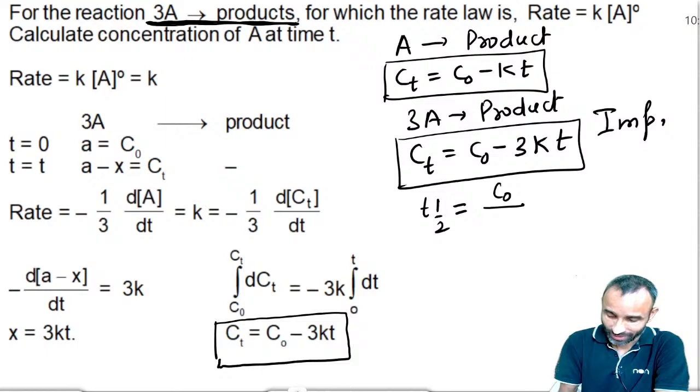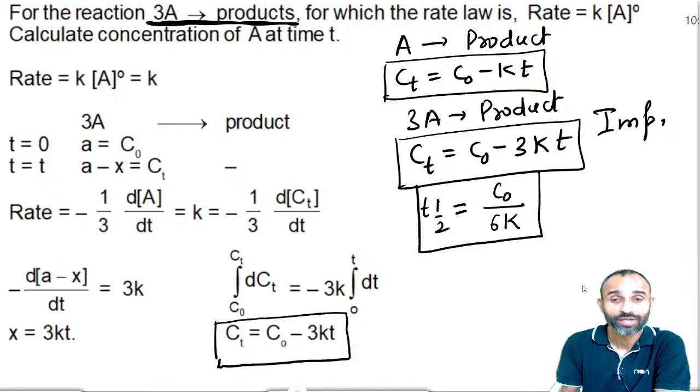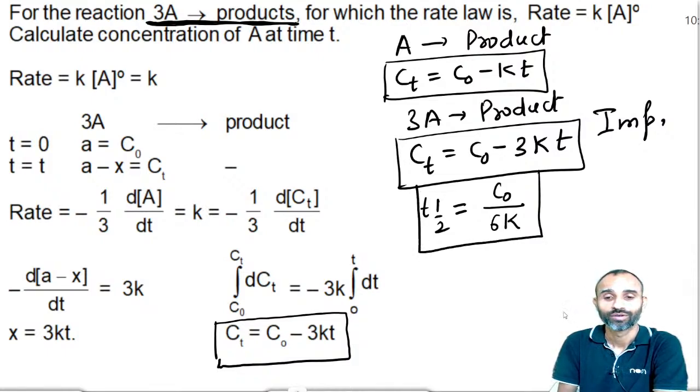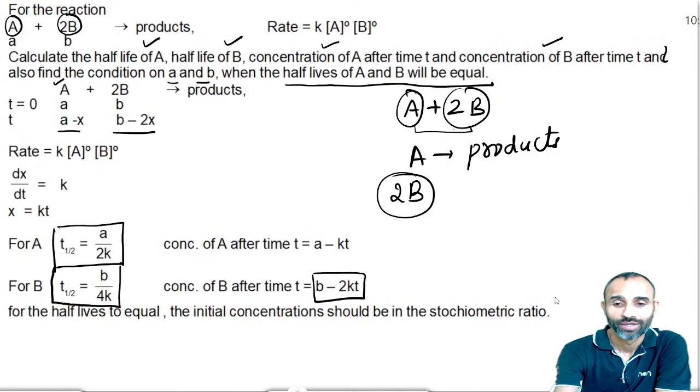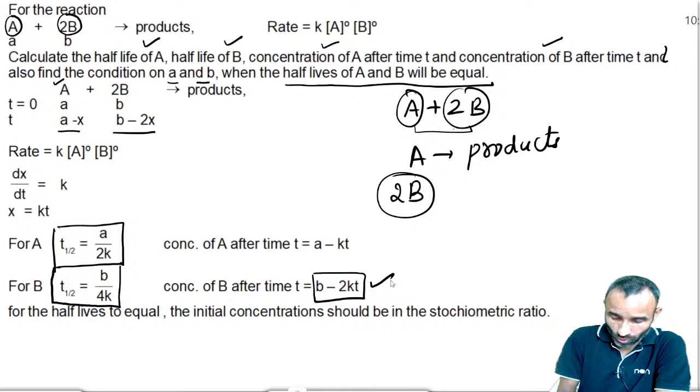It is C naught by 6K. Okay. Same here, it is B minus 2Kt, that's why it is B by 4K.